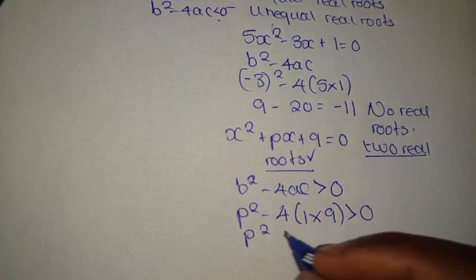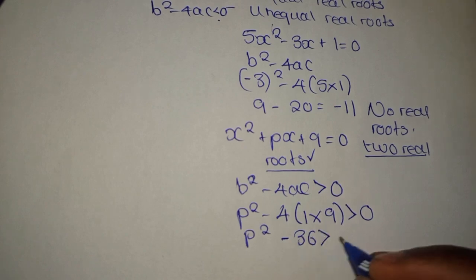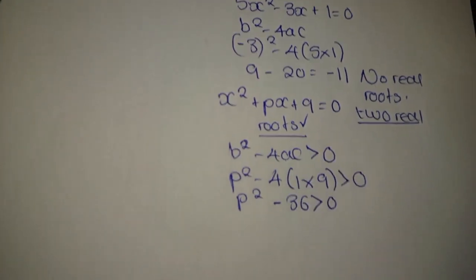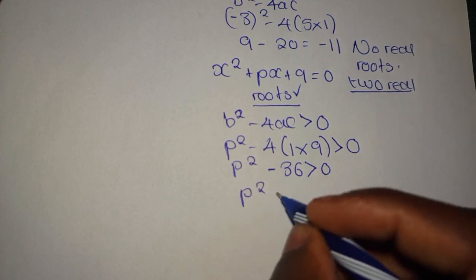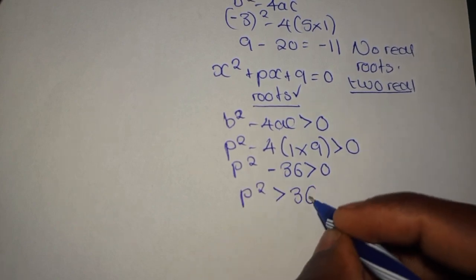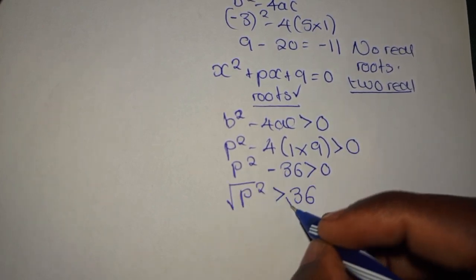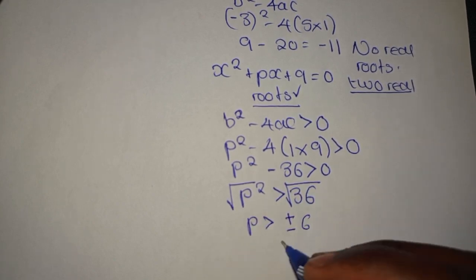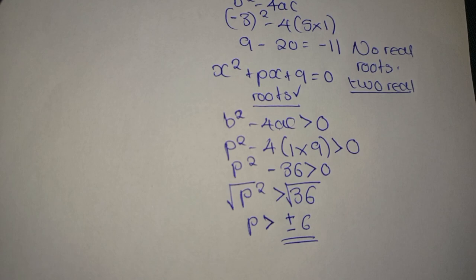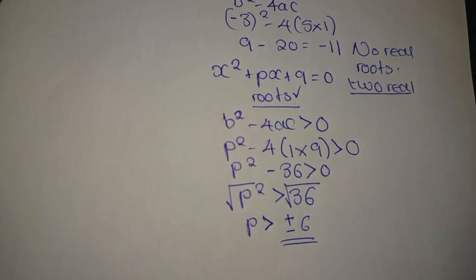So this is p squared minus 36 being greater than 0. Then immediately you do that, we will have p squared greater than 36. So we introduce the square root on both sides, and you have the value of p to be positive or negative 6. Remember that this is an inequality, and if you're having an inequality, you need to test the answers.